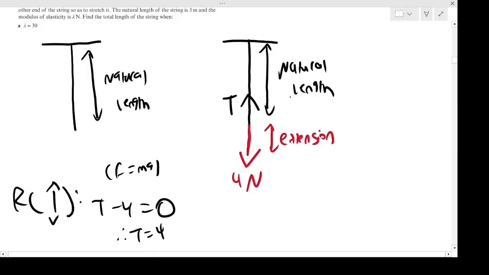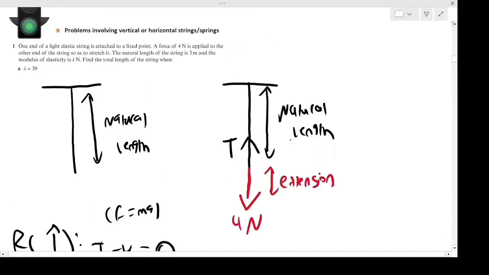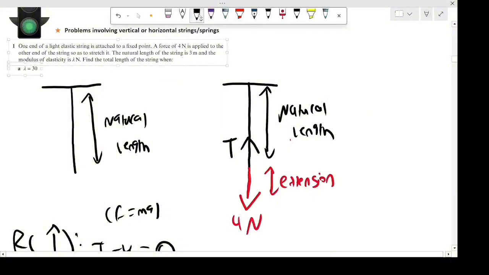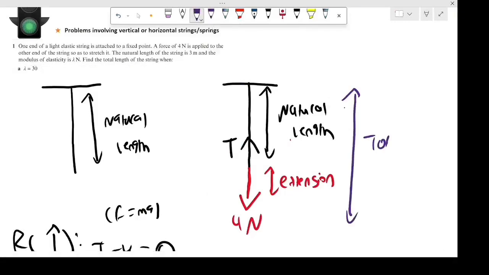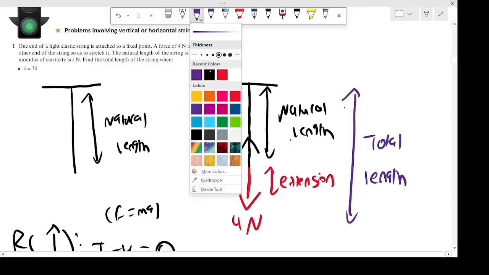But they've not asked me to find the tension, they've asked me to find the total length of the string. So the total length of the string, if I do it in a different colour, is the whole length of the string after extension. So that's my total length. So I'm going to need to find the natural length and the extension.